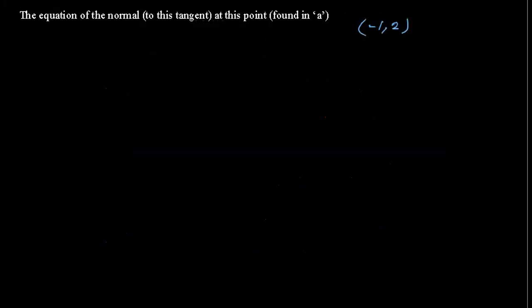Okay. So again, what we know is the equation of a line is y is equal to mx plus c. Do I know m? Well, these two things are perpendicular. How do I know that? Because it says normal. If they're perpendicular, then m1 multiplied by m2 must be equal to -1.